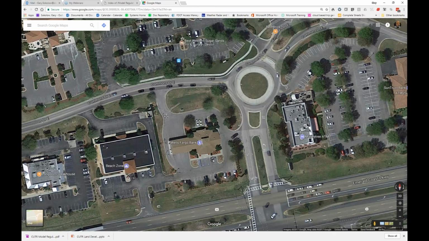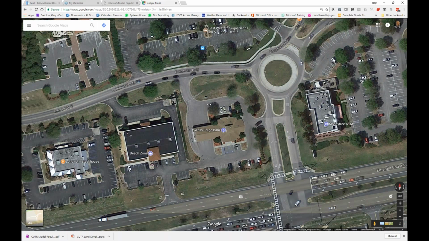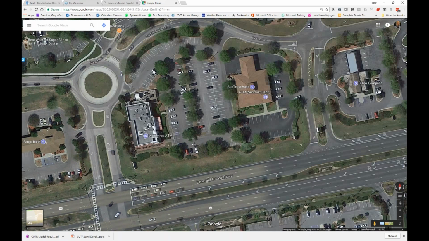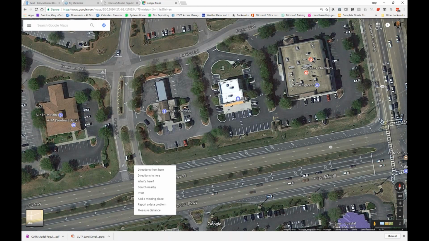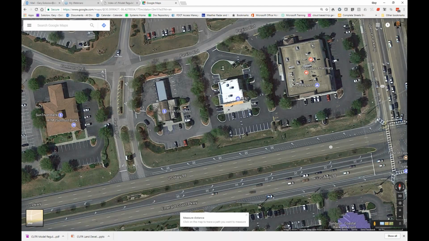But this is about 400 feet, and let me show you that, that's about 700 feet there from the major intersection to that access.